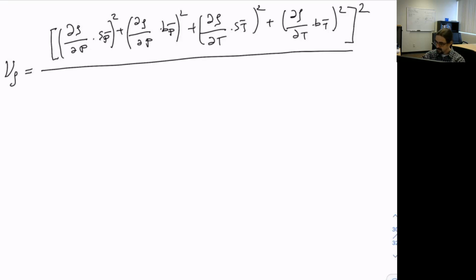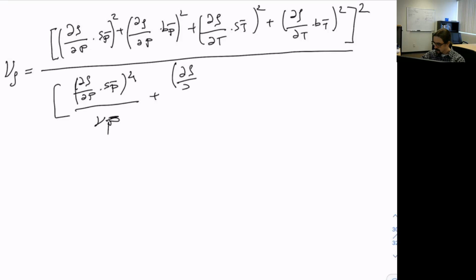At the bottom, what we have is d rho over dp times sp bar, to the 4th power, divided by vp, degrees of freedom, plus d rho over dt times st bar to the 4th power divided by degrees of freedom of t.